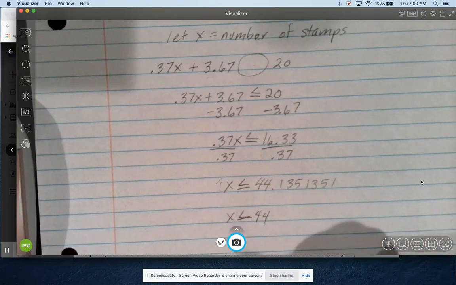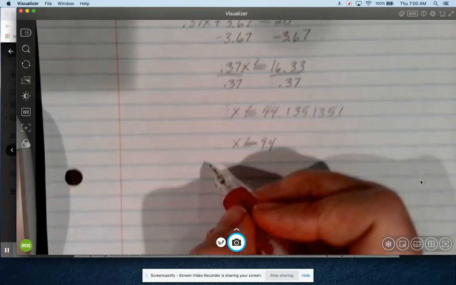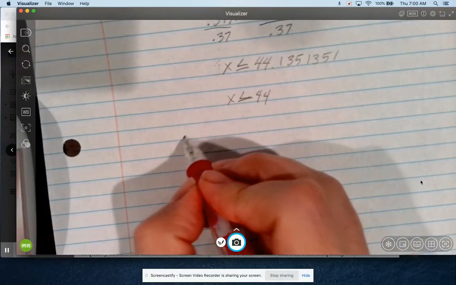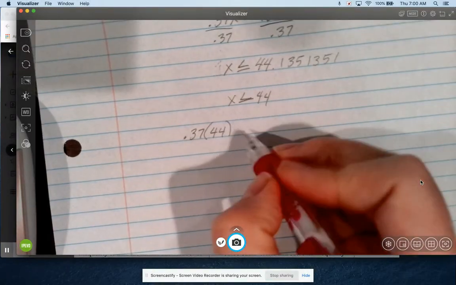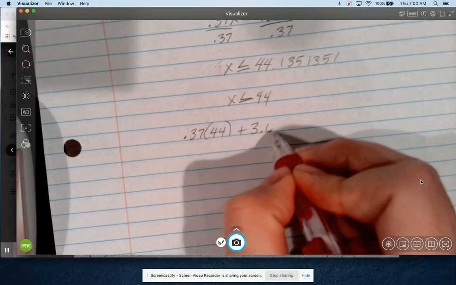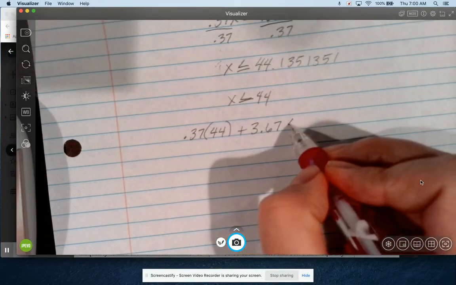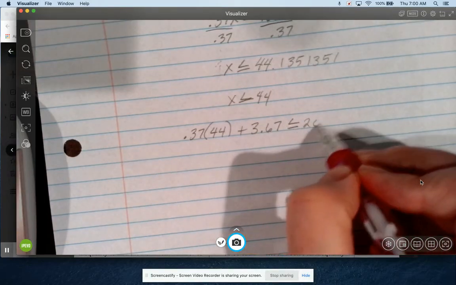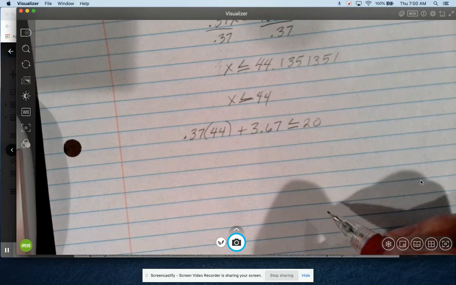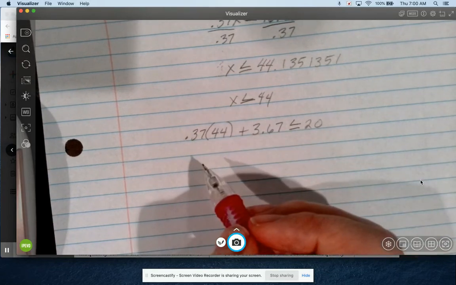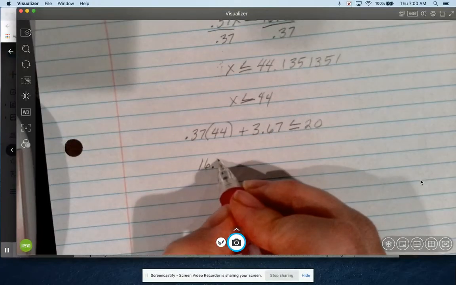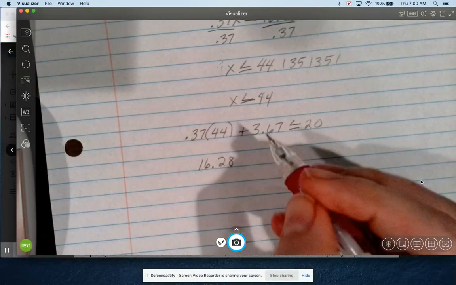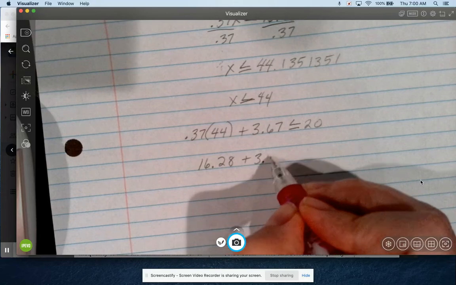So let's check it out. What if I take 0.37 times 44 stamps plus the package that I have to buy? Will that be less than or equal to 20? I know 0.37 times 44 is $16.28 on the stamps, and I'm going to spend $3.67 on the package.